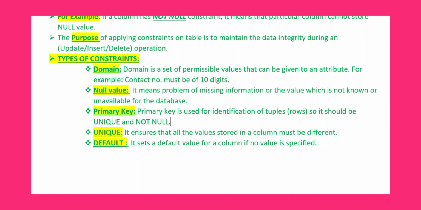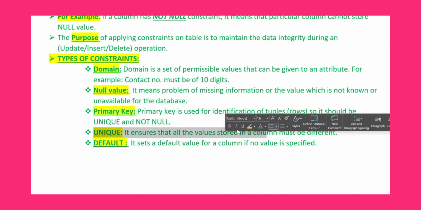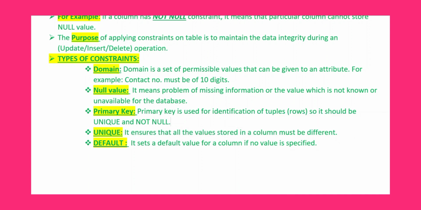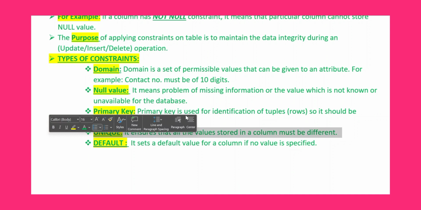Not null, meaning I have already explained. Now what is the meaning of unique? Unique means it ensures that all the values stored in a column must be different from each other. Means no repetition will be there in a column. Unique ensures that all the values stored in a column must be different from each other.